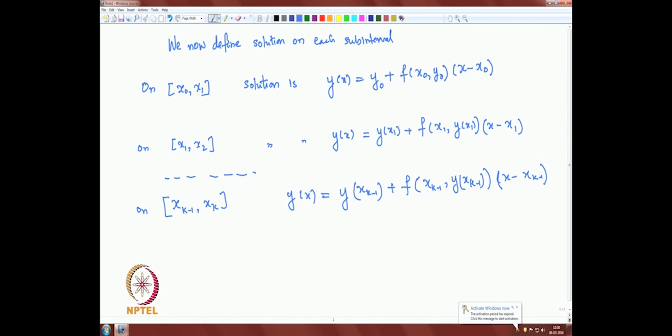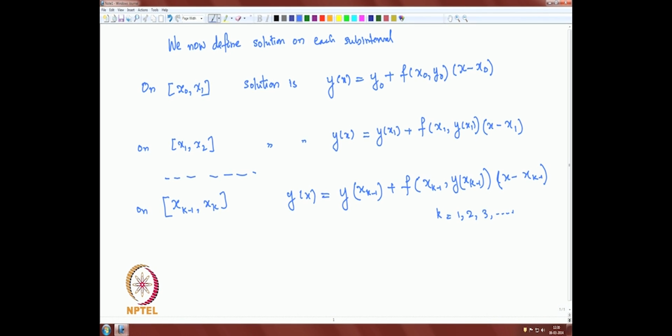In general, this is the solution on any kth interval between the two points x_{k-1} and x_k, where k is equal to 1, 2, 3, etc.